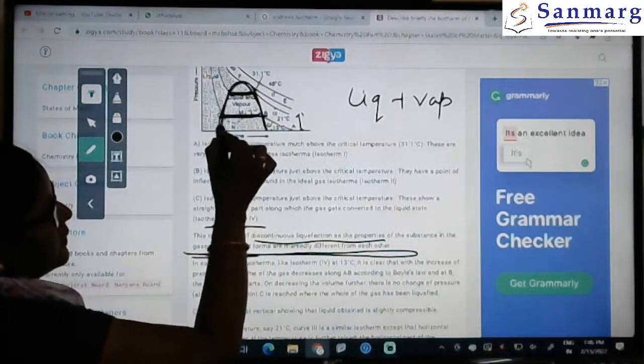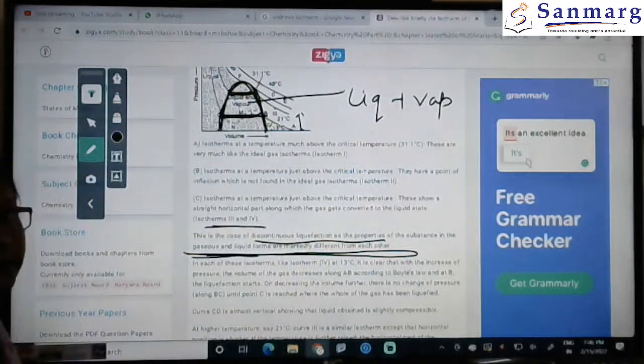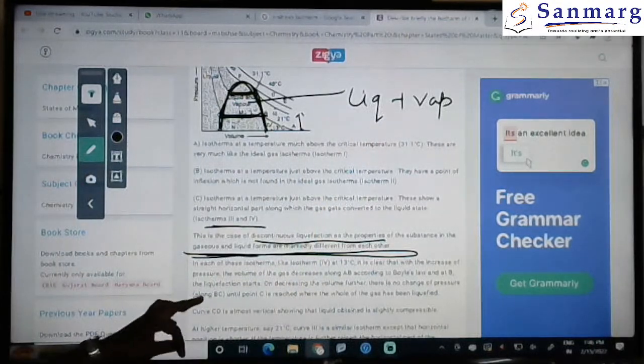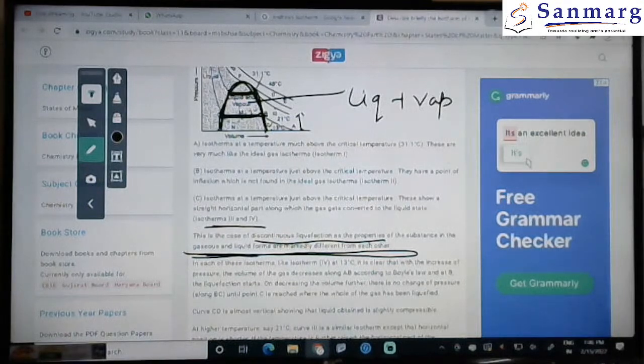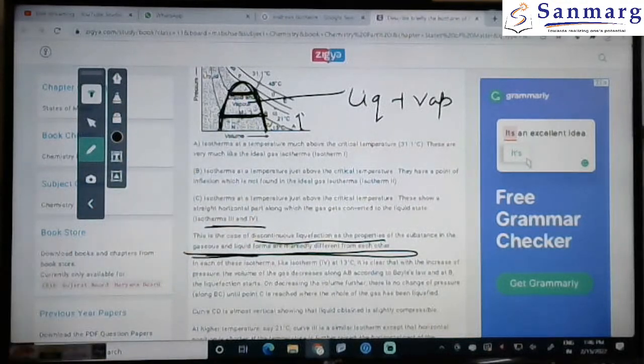In this part you can see both liquid and vapor form.